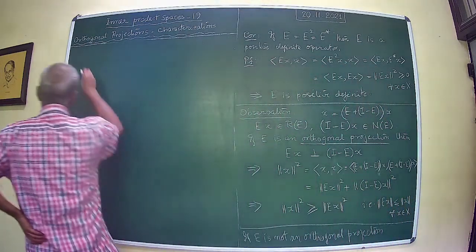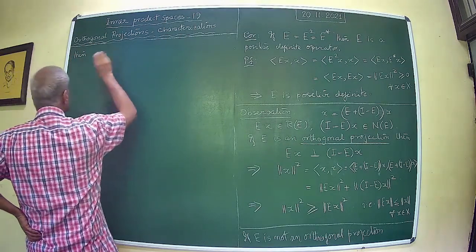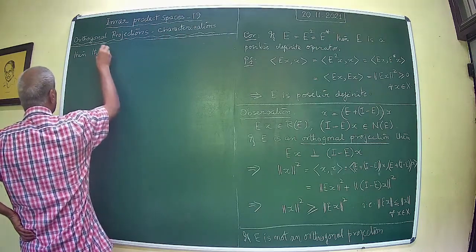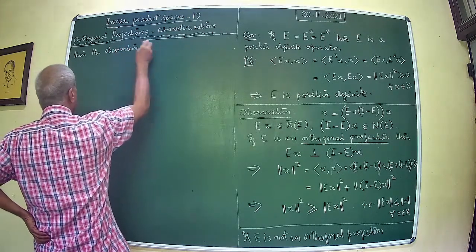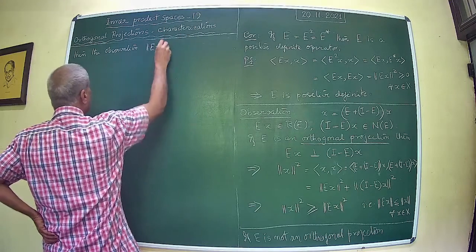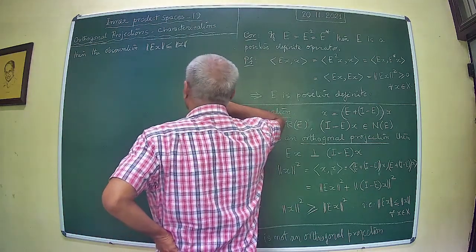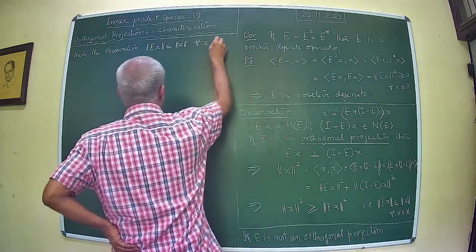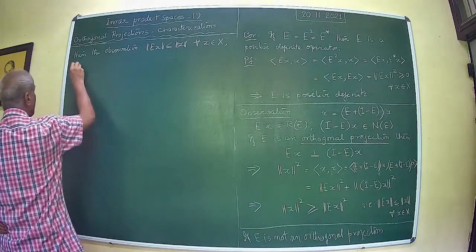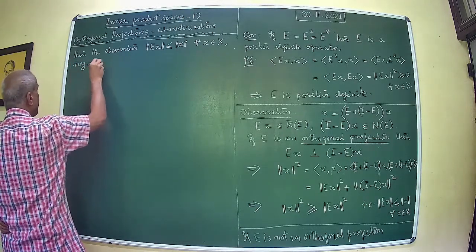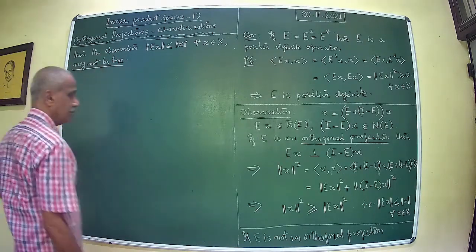If E is not an orthogonal projection, then the observation may not be true. This is what we want to observe.